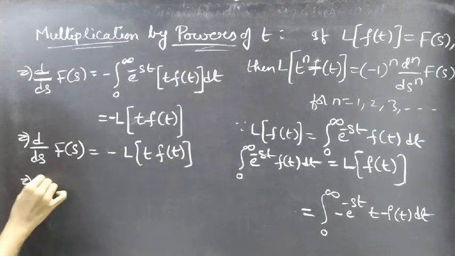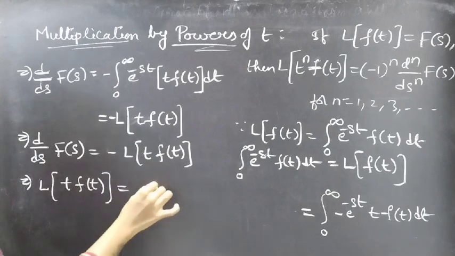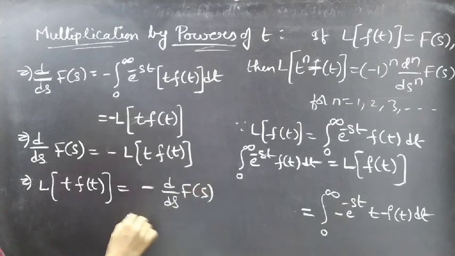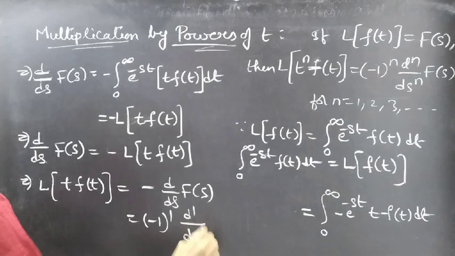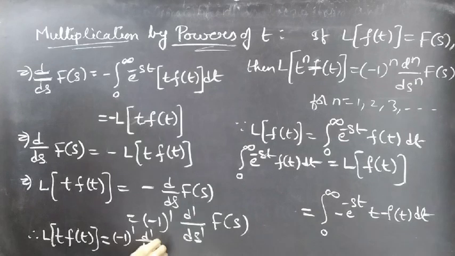Or we can write this as L of t into f of t equal to minus d by ds of F of s, or minus 1 power 1 into d power 1 by ds power 1 into F of s. Therefore, L of t into f of t equal to minus 1 power 1 into d power 1 by ds power 1 into F of s.